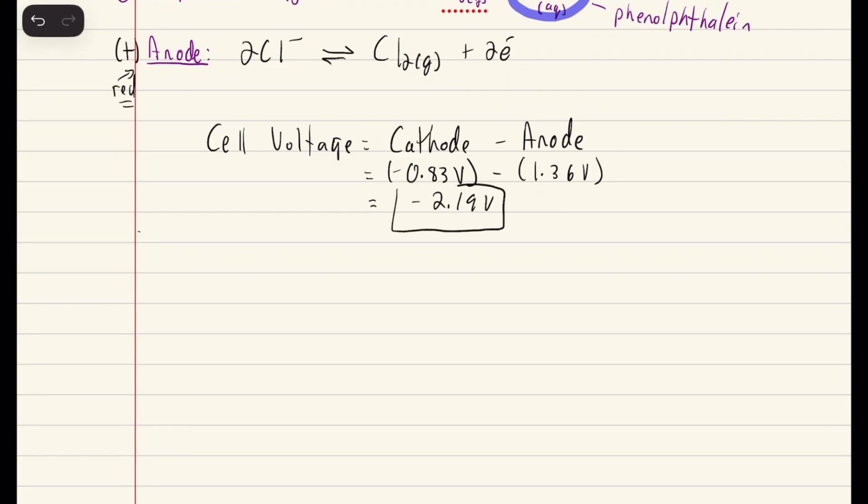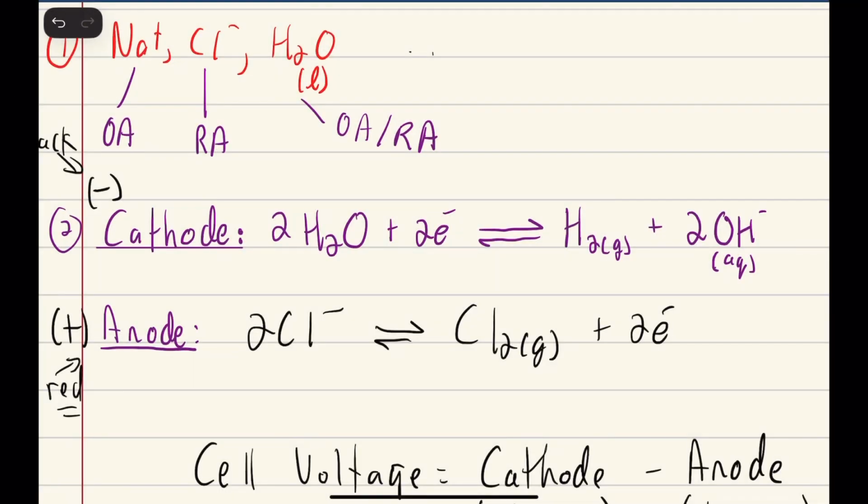And so with the adjusted cell, we now have a cell voltage of about negative 2.19 volts, and that would be the minimum energy required.